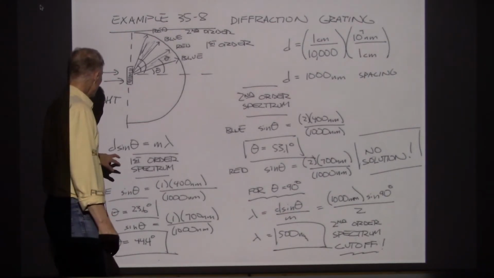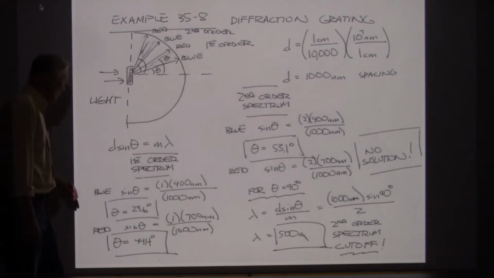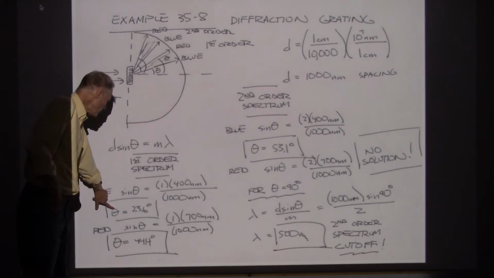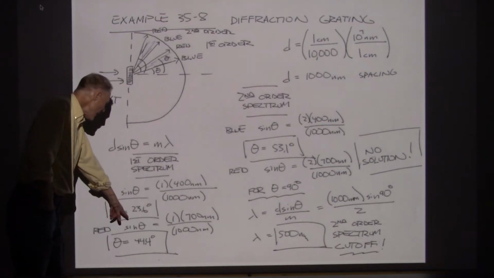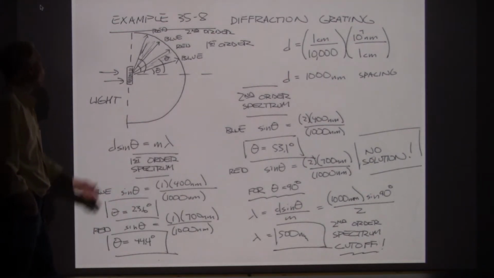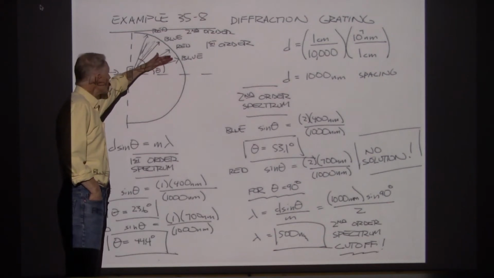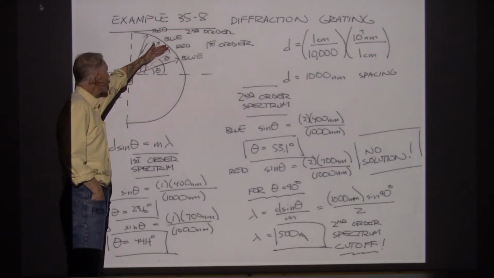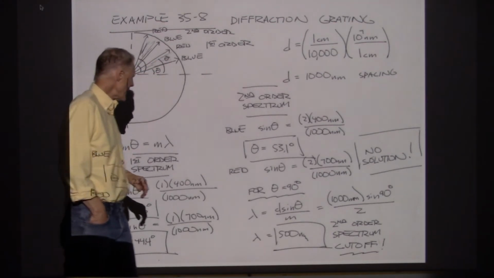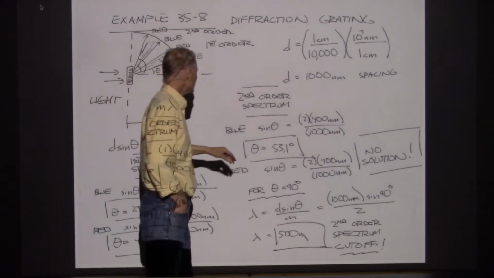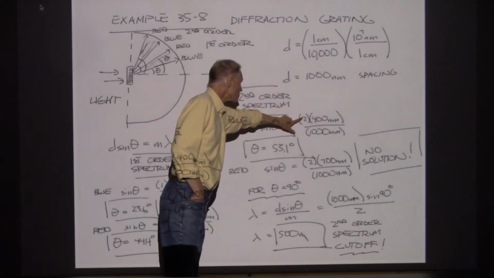Okay, so for the first order spectrum, what we're finding is that the blue end of the spectrum will come in at 23.6 degrees. The red end will be at 44.4. So this is from 23.6 to 44.4 degrees. That's going to be the first order spectrum. Now for the second order spectrum, we put in m is equal to 2.